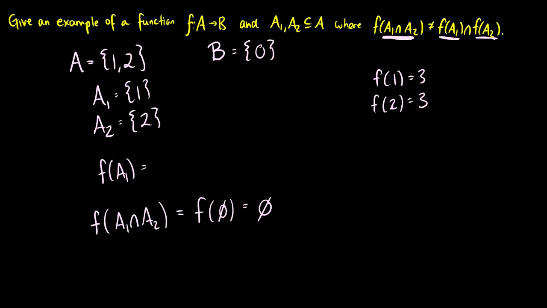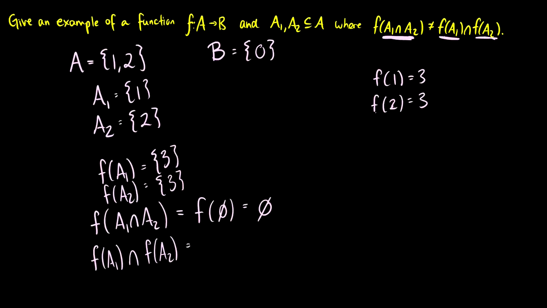So when I put f of A1 in, we're going to get the set containing 3 back. And then when I put f of A2 in, we're also going to get the set containing 3 back. So this means that f of A1 intersection f of A2 is going to be the same thing as the set containing 3 intersection the set containing 3, which is just the set containing 3.